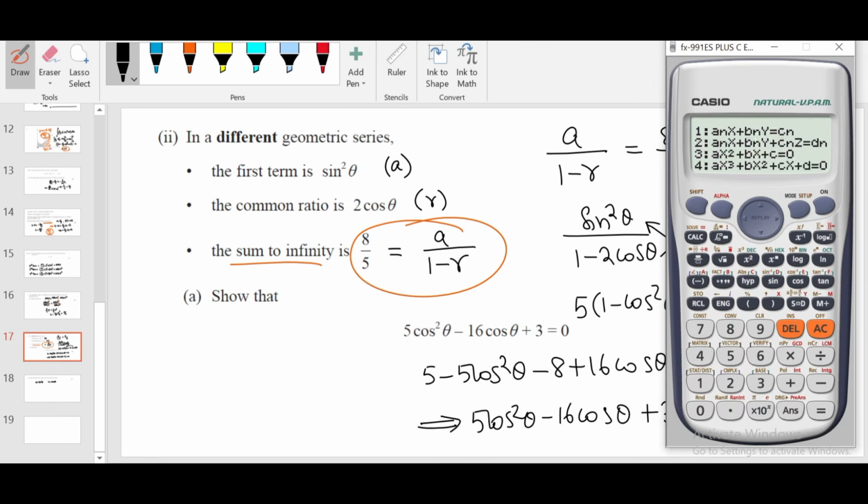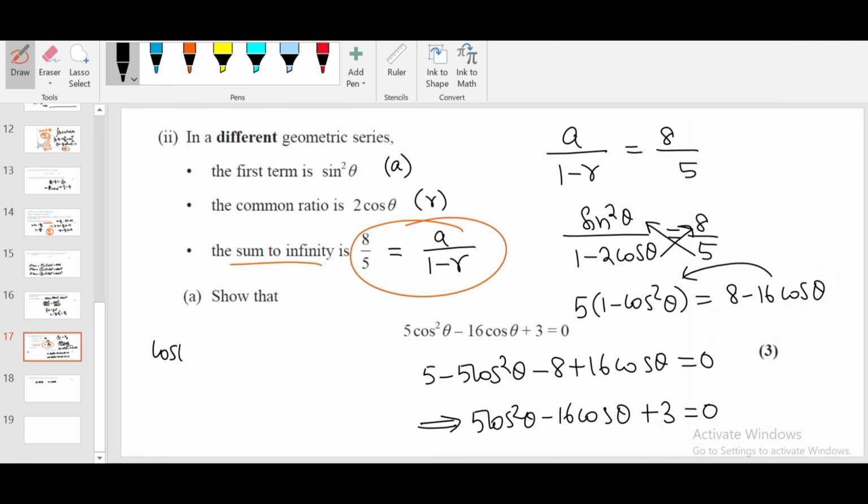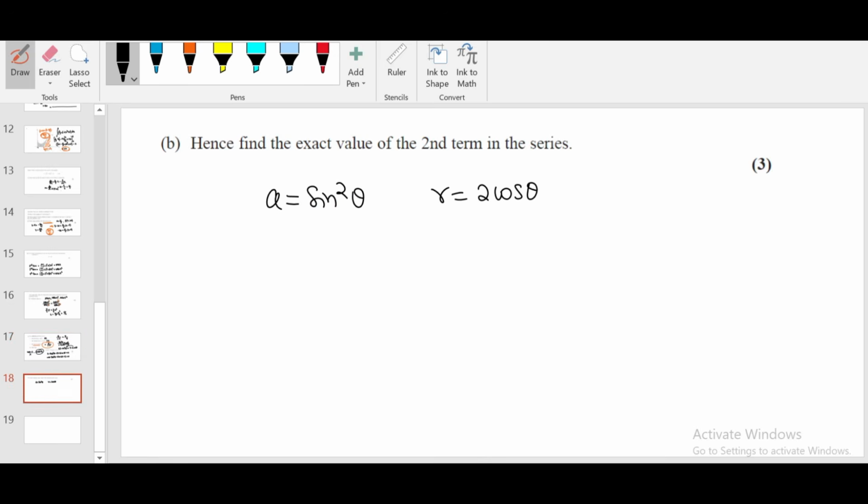We use our calculator to solve it straight away. 5, minus 16, plus 3. We get 3 and 1 over 5. So when you solve this, cos theta is 3, or cos theta is equal to 1 over 5. This you cannot take 3 because the range of cos theta is -1 to +1. So we take this value, okay, back in here.